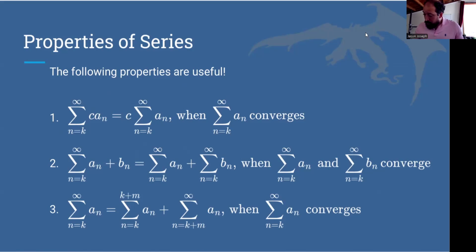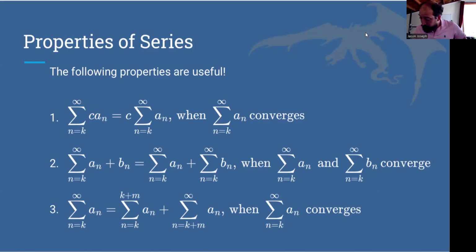And the last one says, well, we're starting at some place k and going to infinity. So I could chunk off the first m plus one terms of the series, leave it, and then, oh shoot, there's a typo right here because I've added up term k plus m twice.